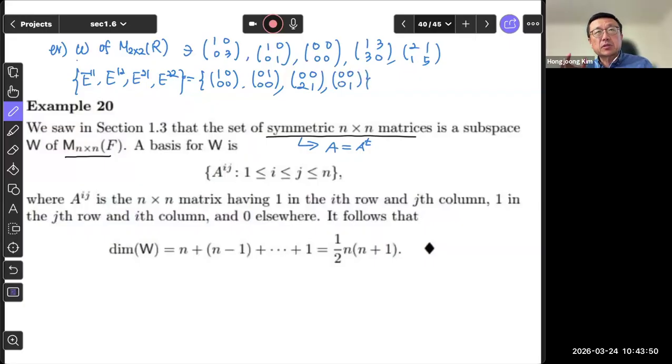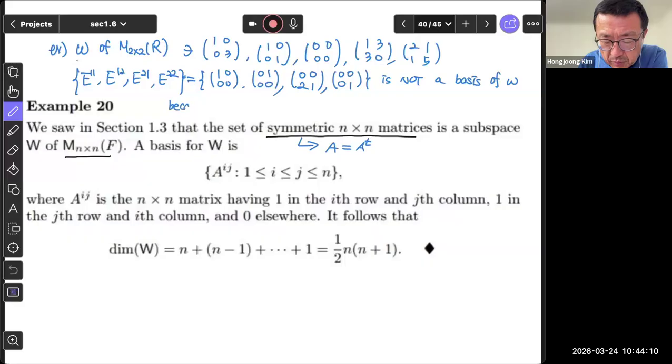If I consider this set of four matrices, then this is not a basis of W, because some matrices in the given set, like 0 1 0 0 or 0 0 0 1, are not symmetric.